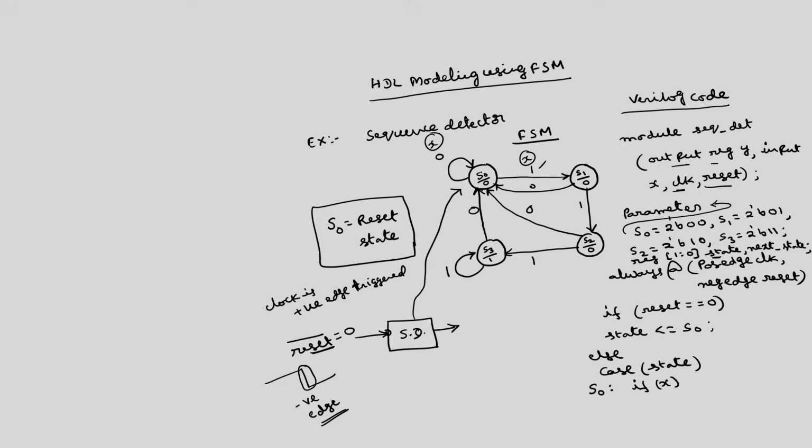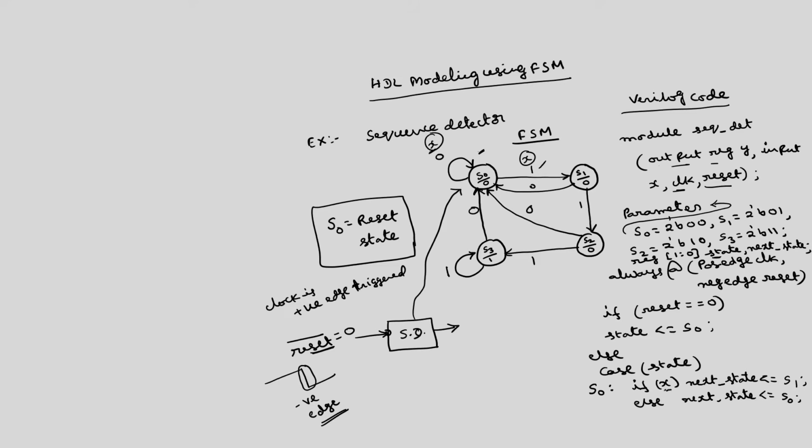So, when the state diagram is in state S0, when the input is 0, it will go to S0 itself, when input is equal to 1, it will go to S1 state. If this is true, then the next state is equal to S1, else next state is equal to S0 itself.